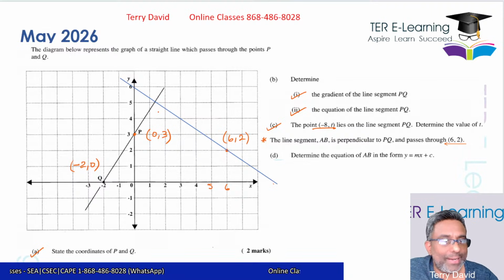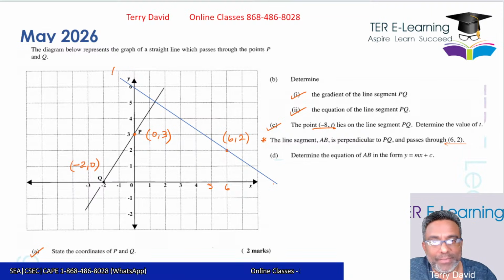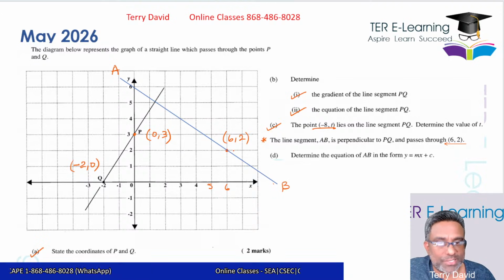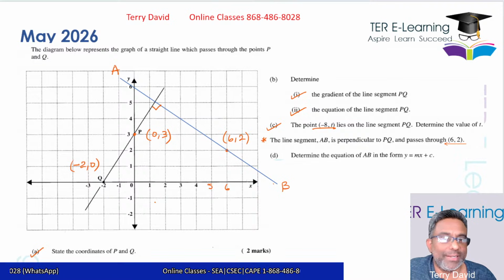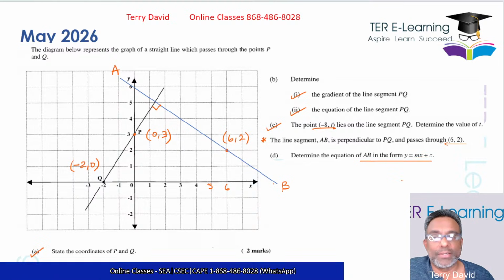They're calling it line segment AB. It's passing through (6, 2), but it is perpendicular to PQ. So that means that this angle here has to be 90 degrees. They want us to determine the equation of the line AB in the form y is equal to mx plus c.